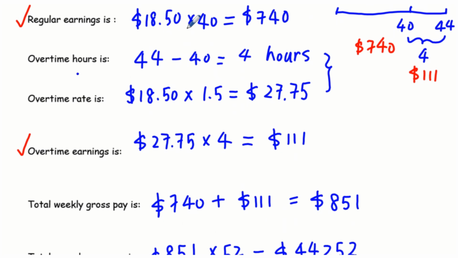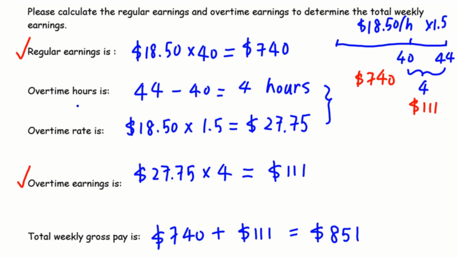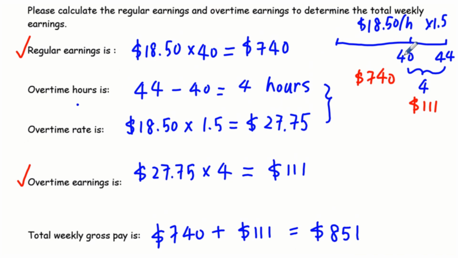So this is for today's lesson, and what we have done is for the regular earnings, we just use a regular pay times regular hours, then get the regular earnings. For the overtime pay, we find the overtime hours, that is hours worked minus the regular hours. Then the overtime rate is just the regular pay times 1.5, give you overtime rate.